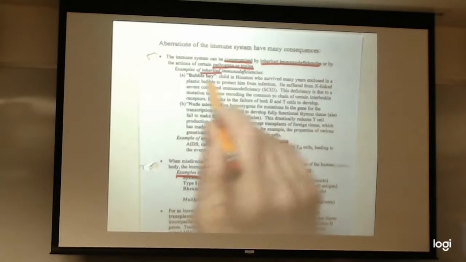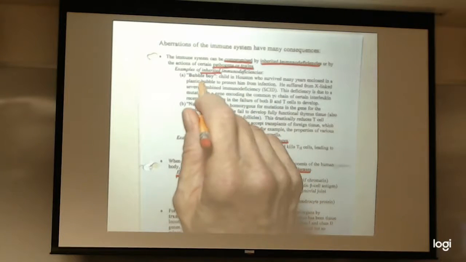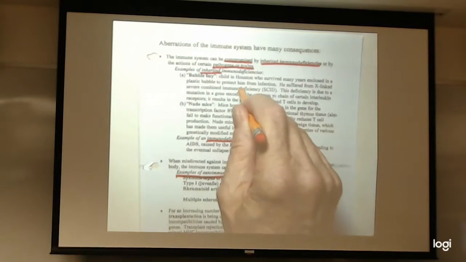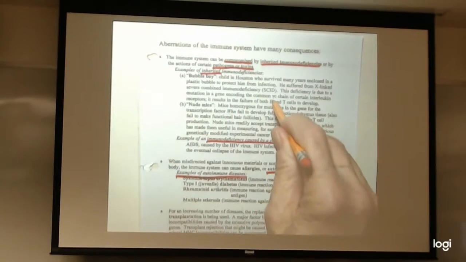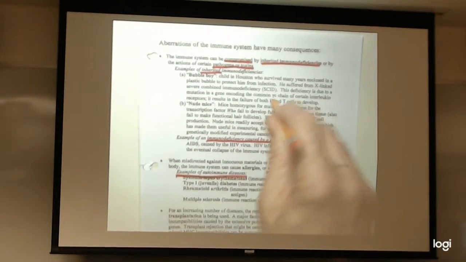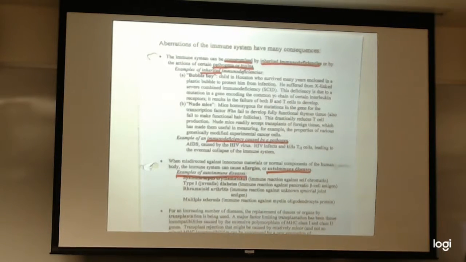The famous bubble boy in Houston, this is before your time. There was a Seinfeld episode about the bubble boy. Did anybody see that Seinfeld episode? It turns out this child is a real thing. He was recognized as having this disease, and they got him into a sterile environment.